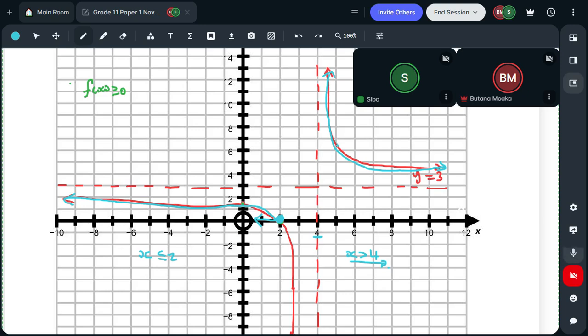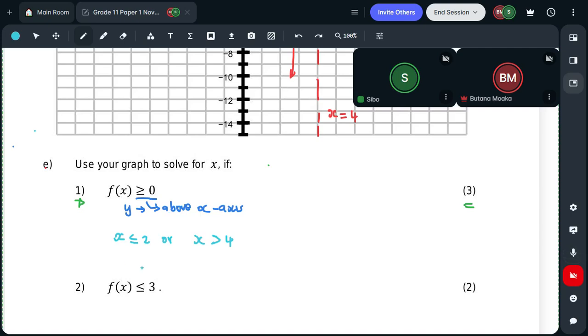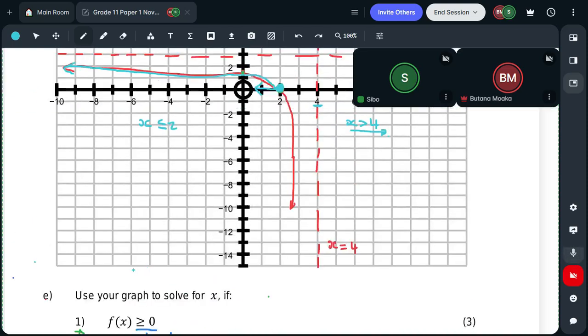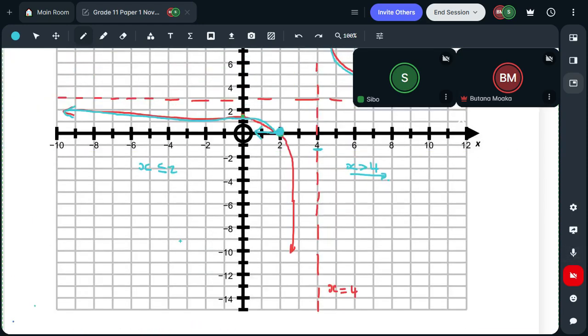I'm not sure if this makes sense, but I don't mind explaining it again. It's very important that you get this, because look at the next one. They're asking where is f(x) less than or equal to 3. It's like saying where y is less than or equal to 3. You look at the graph, you go to your y.